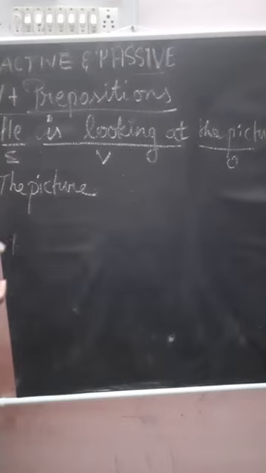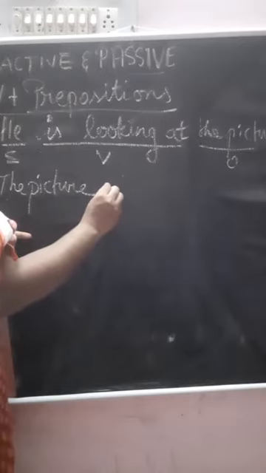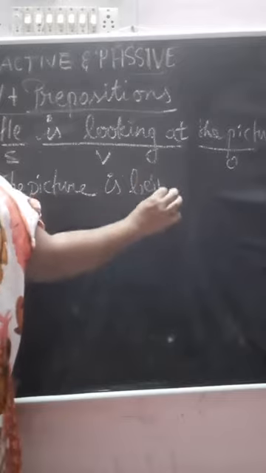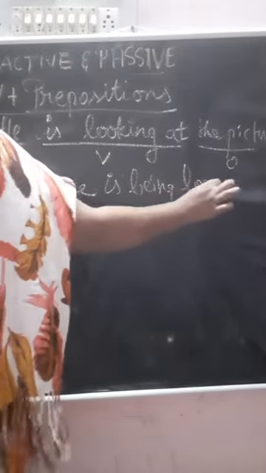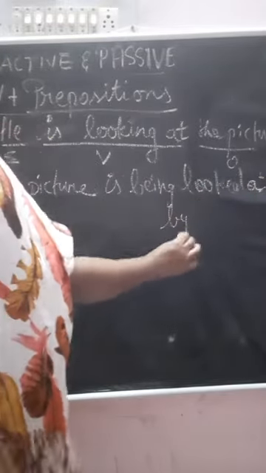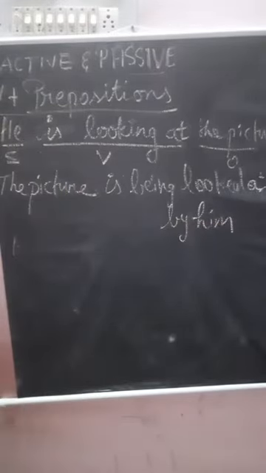The picture, singular. So is. The picture is being looked at. How do we write? At should come along with this verb look. Looked at by him. He is changed into him.